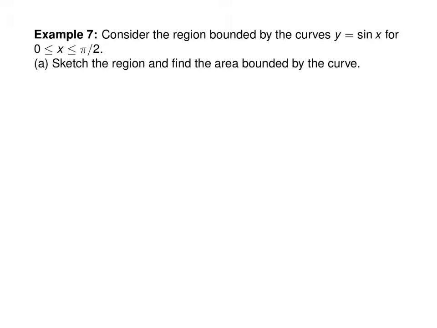All right, consider the region bounded by the curves, and I probably should have just said curve, sine x, and I'm assuming the lines y equals 0, x equals 0, and then between 0 and pi halves. So sine at pi halves will be up at 1, and by pi be back down to 0.